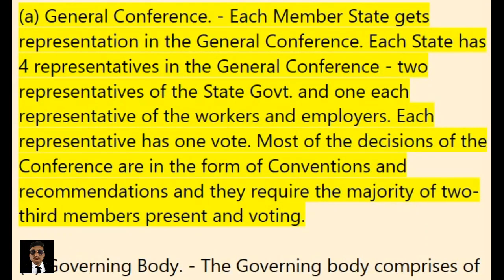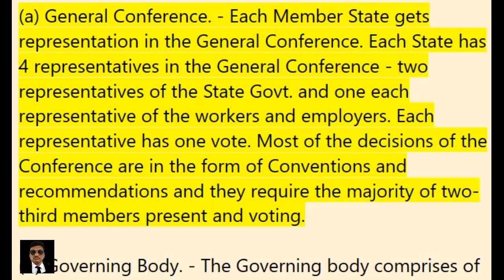A. General Conference. Each member state gets representation in the General Conference. Each state has 4 representatives in the General Conference: 2 representatives of the state government and 1 each representative of the workers and employers. Each representative has 1 vote.